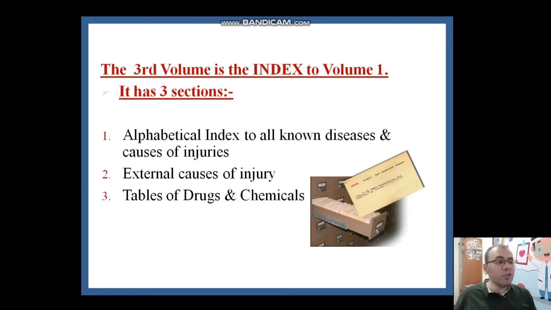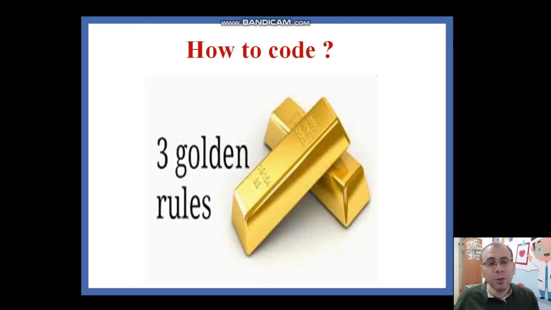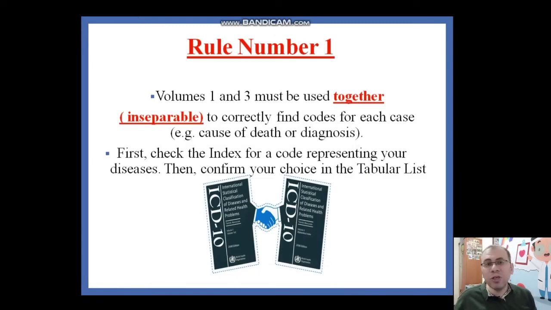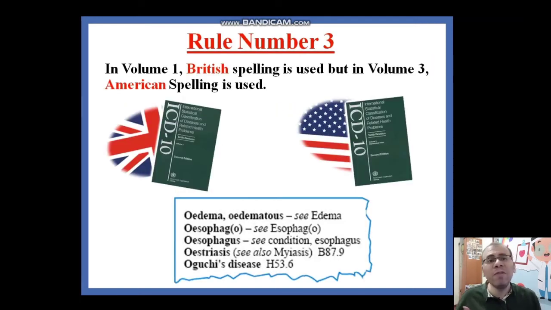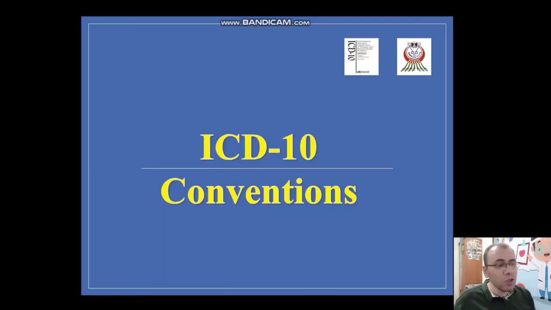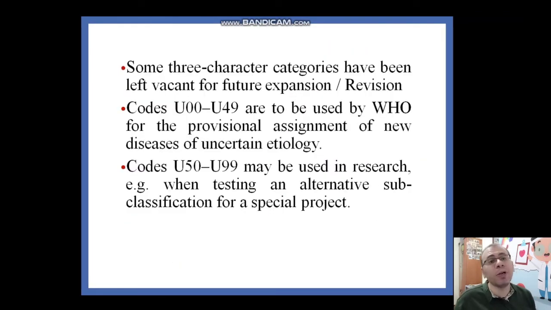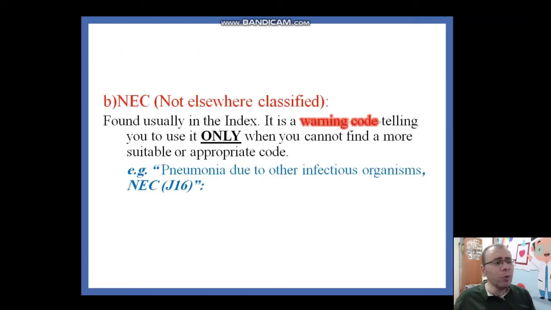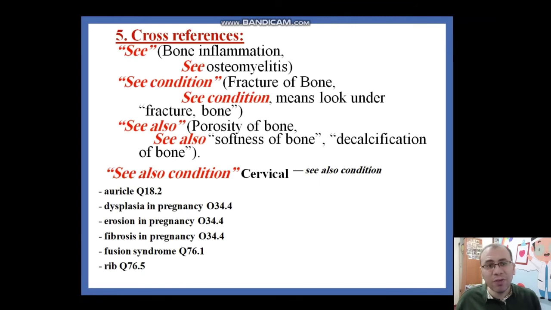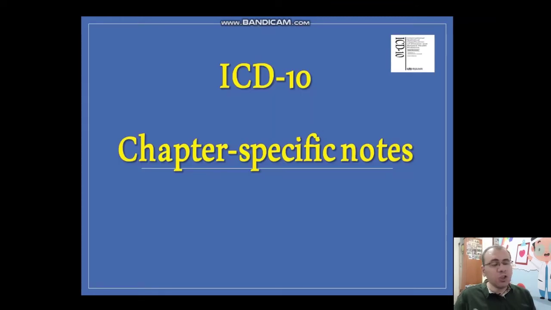After that we will talk about how to code using the 3 most important golden rules. Then we will talk about ICD-10 conventions, basic coding guidelines, and some instructions on how to use the ICD-10 properly. After that, we will talk about specific notes of every chapter using, for example, chapter 9.